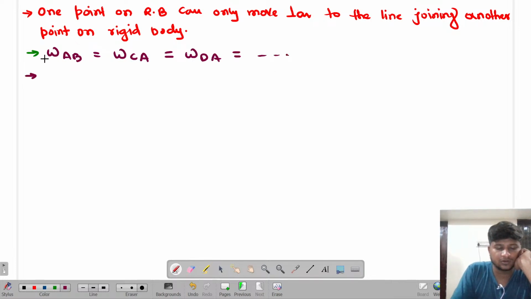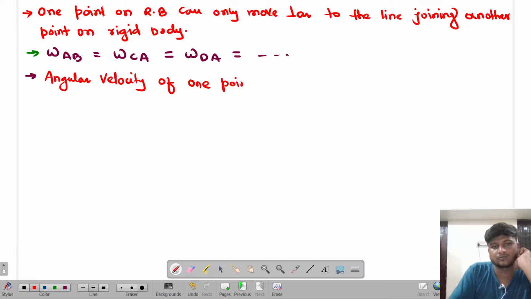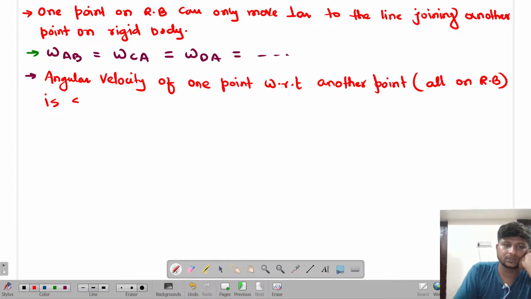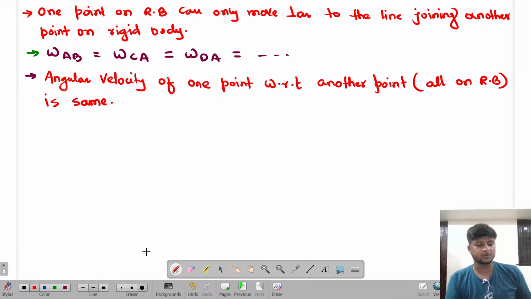Or you can say that the angular velocity of one point with respect to another point, like all the other points on a rigid body, is the same. Are you able to get me or not?